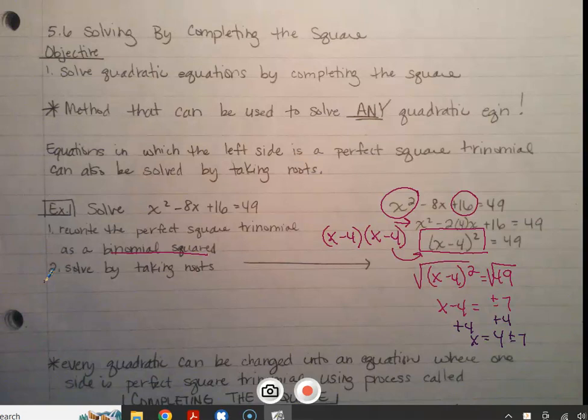You should write this down. And so what would our x values be? It would be 11 or -3. What we're doing is 4 plus 7 and 4 minus 7.